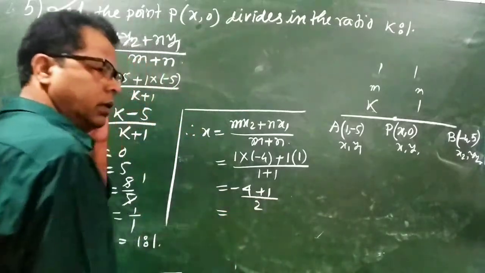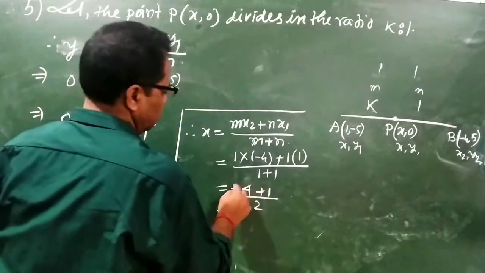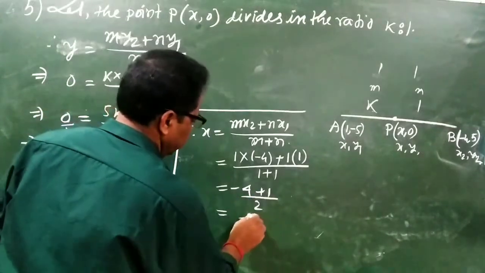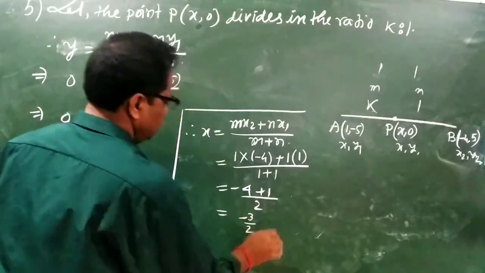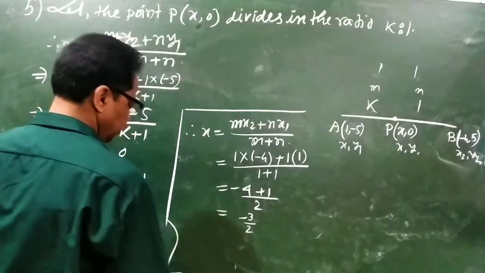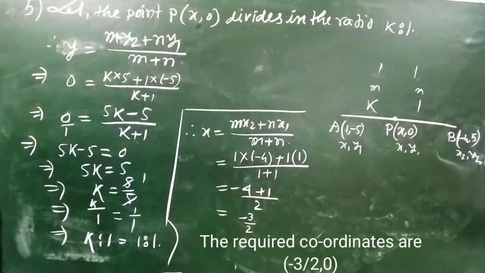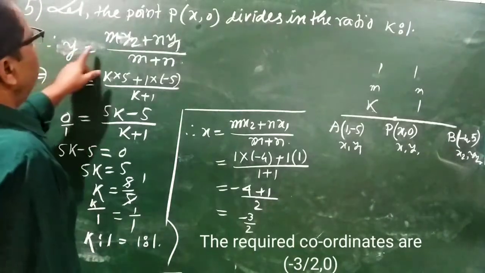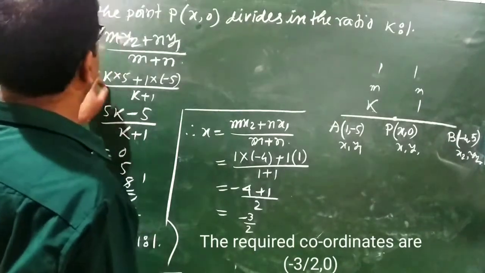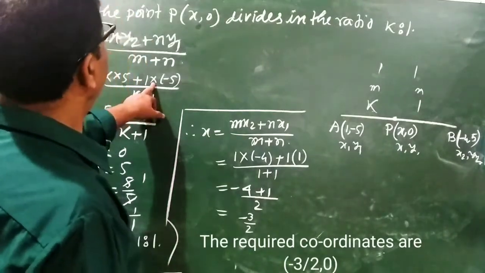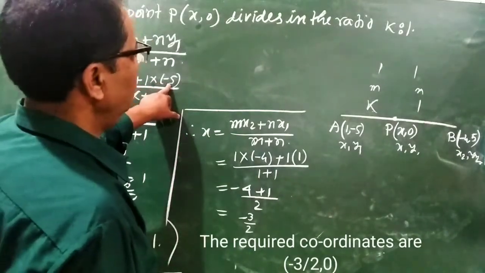Therefore, minus 4 plus 1, the signs being opposite, we take the sign of the bigger term and subtract: 1 subtracted from 4 gives 3, so 3 by 2. Therefore, the required coordinates of the point P are minus 3 by 2 and 0. And y1 is minus 5.